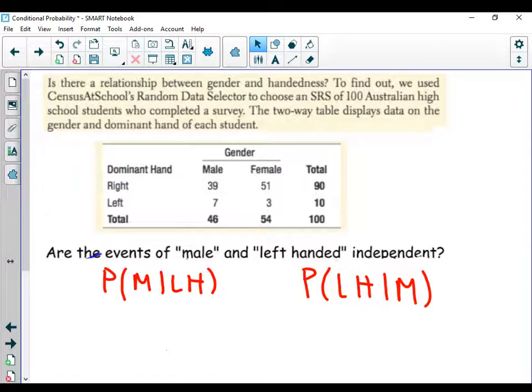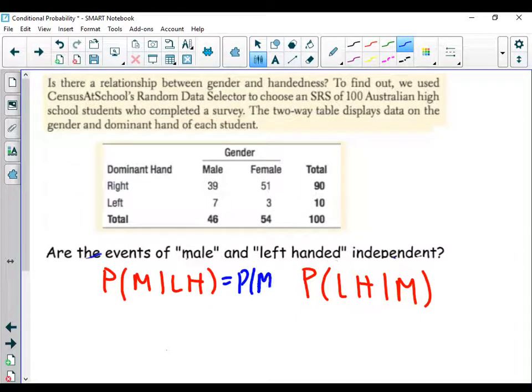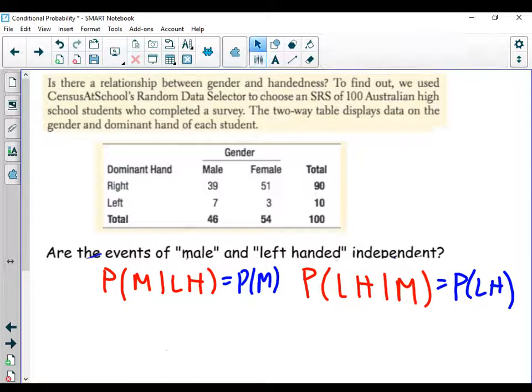According to our formula, this one you should get the probability that it's a male, and this one you should get the probability that it's left-handed. If you don't, then they're dependent. Okay?